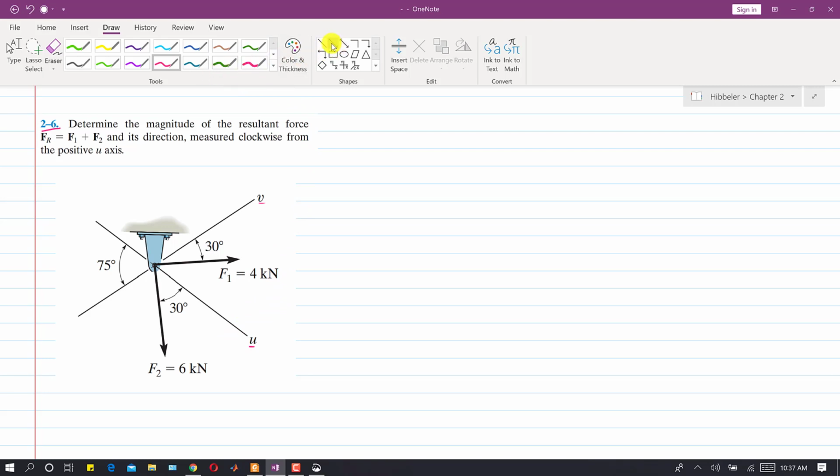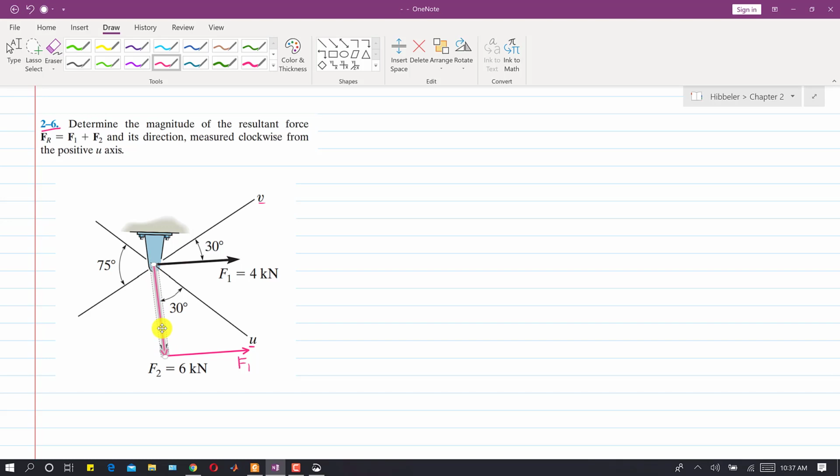So let's suppose I apply the parallelogram law for vector addition, so I have to draw these forces parallel to one another. I will move this force and place it on the head of this F2, right? So this is that F1, and I will also have to draw this F2 on the head of F1.